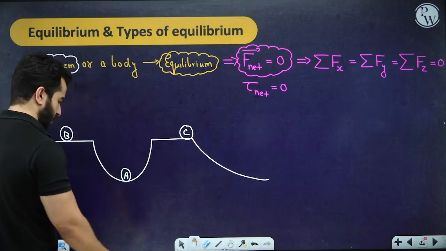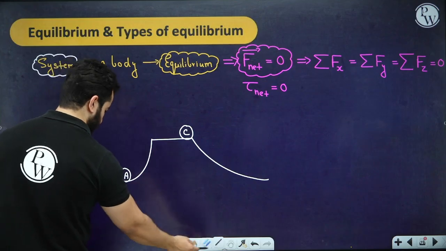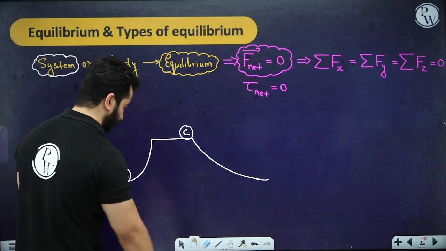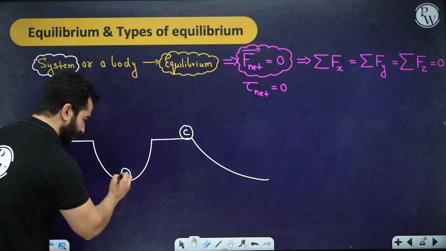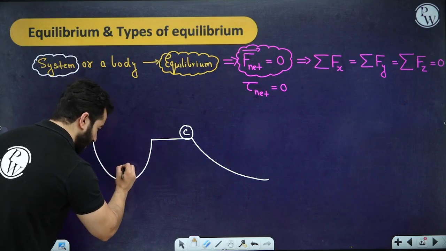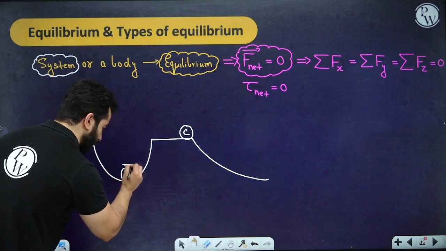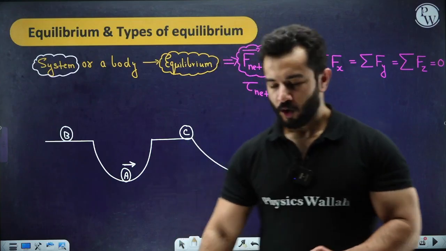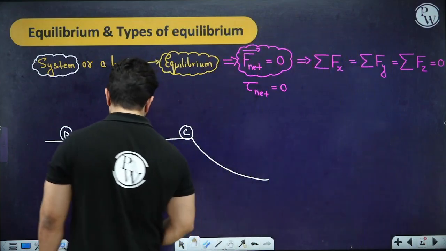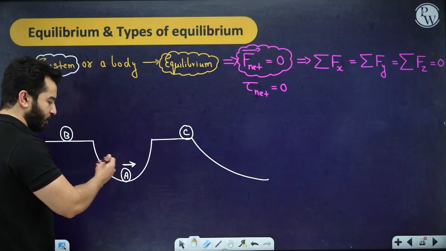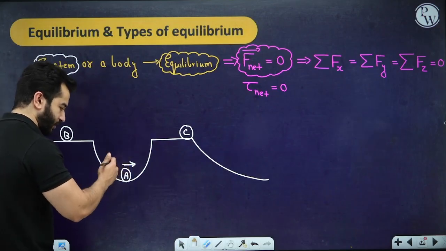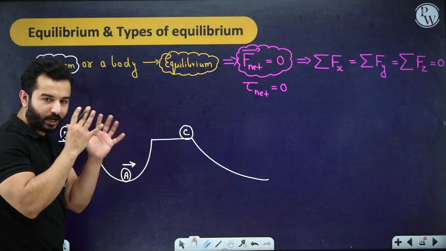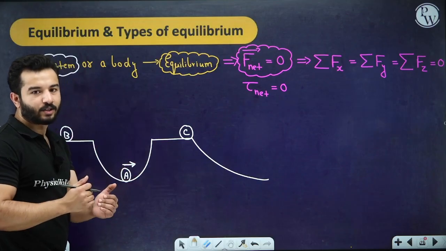Now, if I displace this body, what do I mean by displace? If I apply an external force on this body, something like this, force will create some acceleration and the body will move. Again, this is a type of analogy. I'm going to write mathematically what we really mean by the three types of equilibrium.